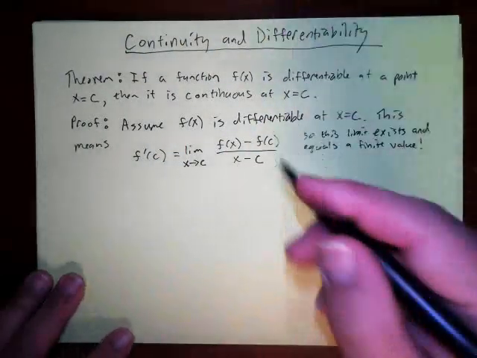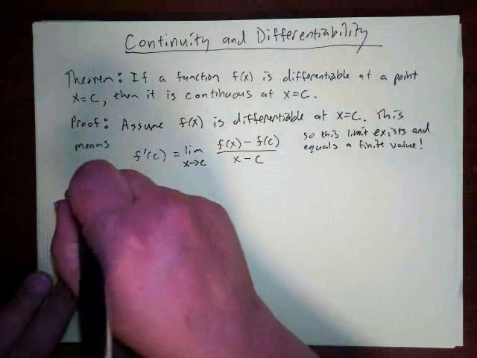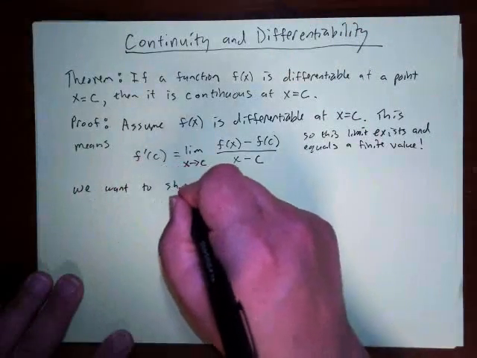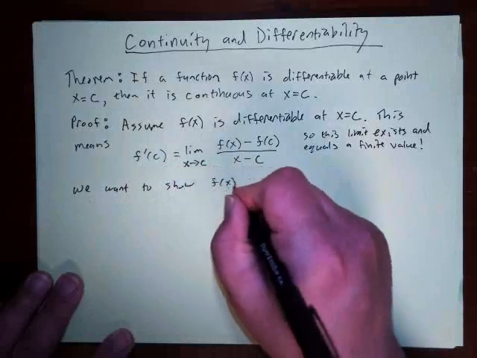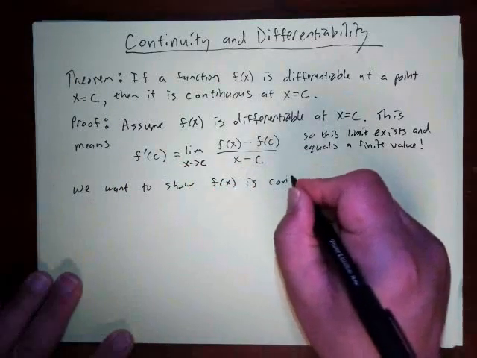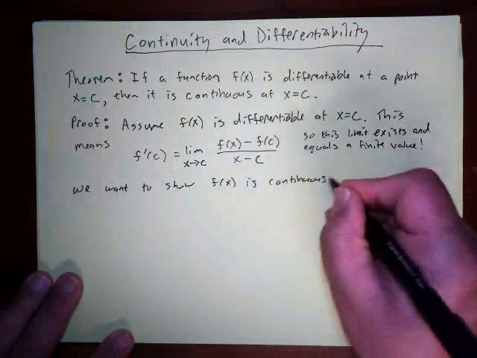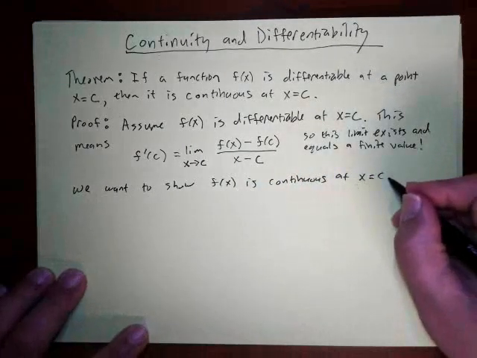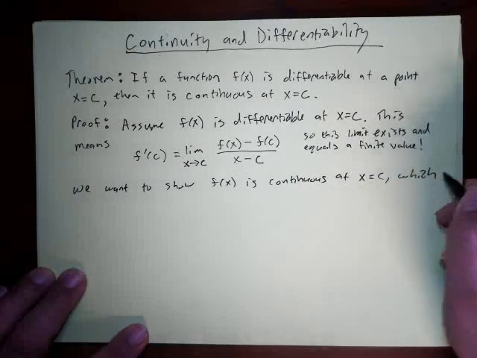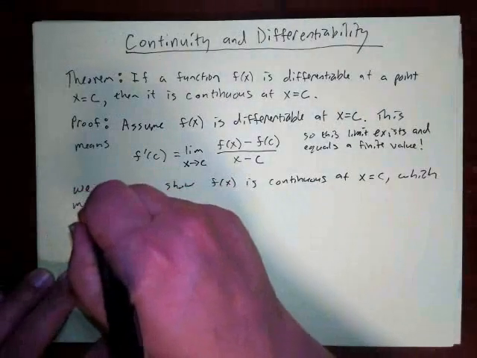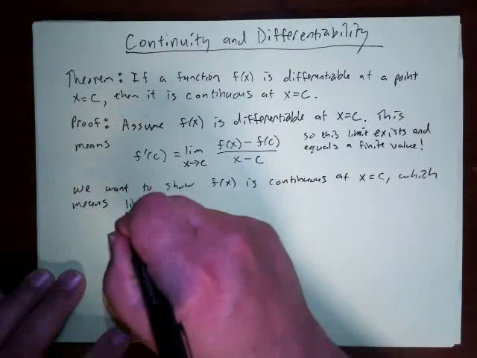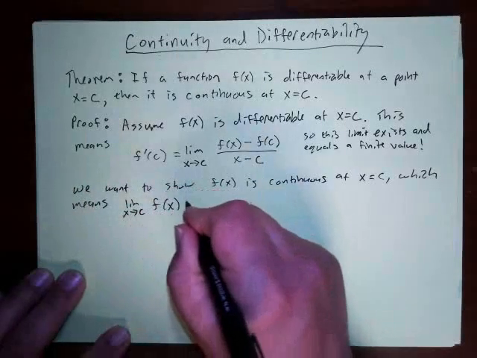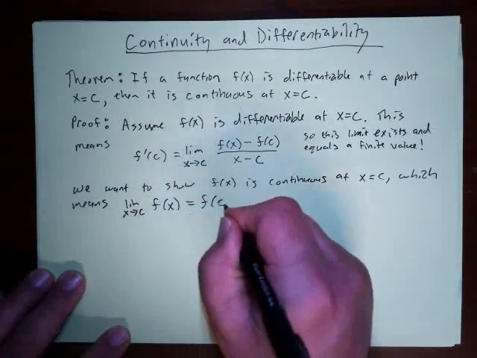So we want to show that f of x is continuous at x equals c, which means that the limit as x approaches c of f of x is going to be equal to f of c.